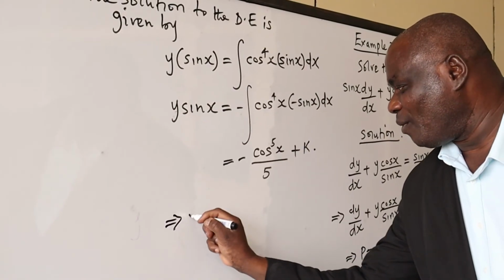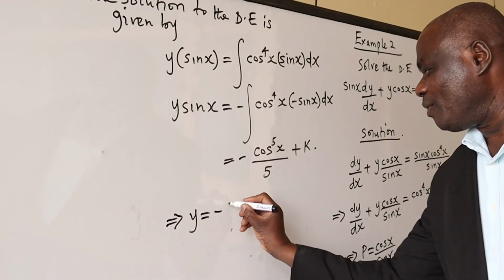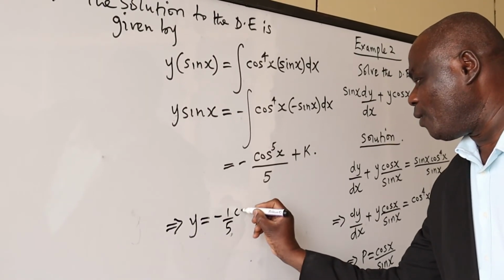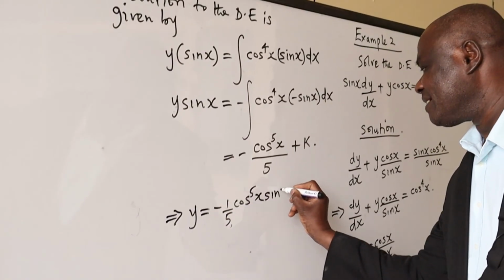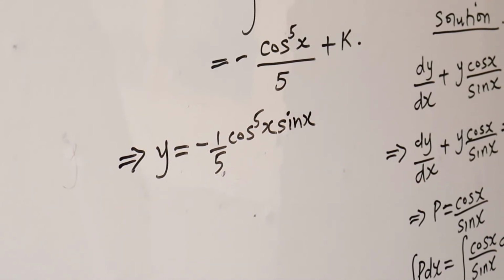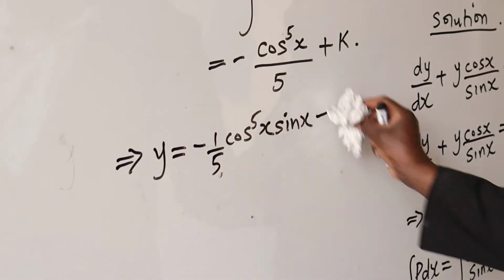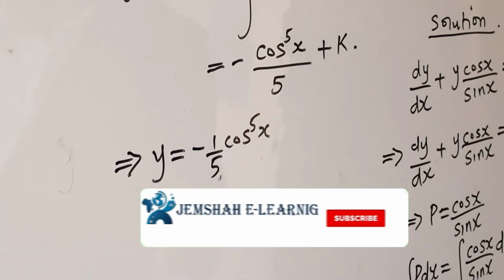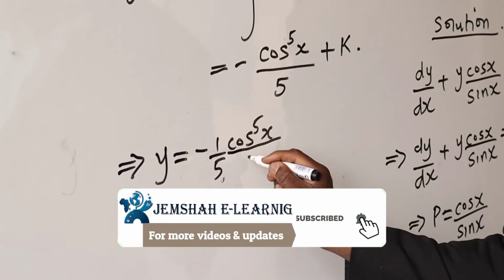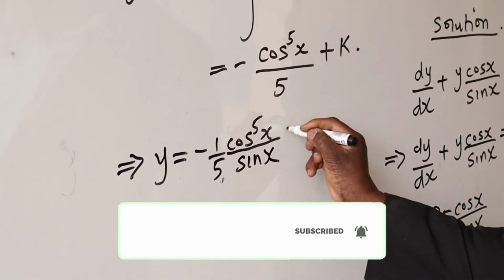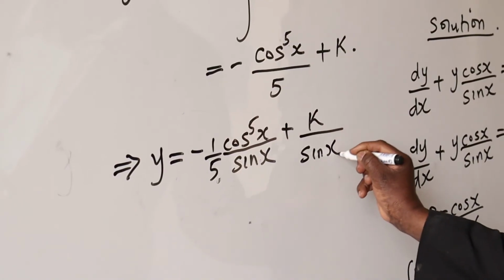This implies y will be equal to minus 1 over 5 cos to power 5 x over sin x plus k all over sin x.